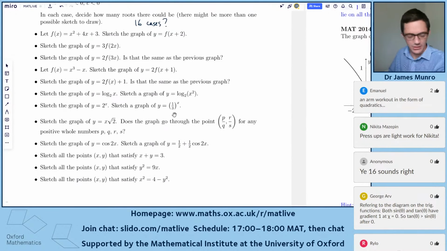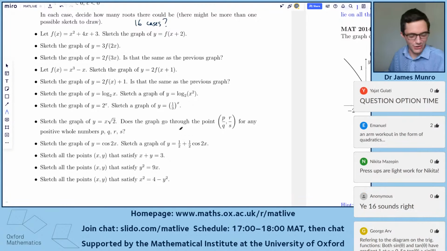Sketching some other curves. Do we want to talk about any of these? Question option time. I'm not sure. I tried to put some practice in at the bottom for sketching all the points that satisfy some equation. Because as well as sketching functions, I think we can sketch solutions to equations. It's kind of subtly different, isn't it?